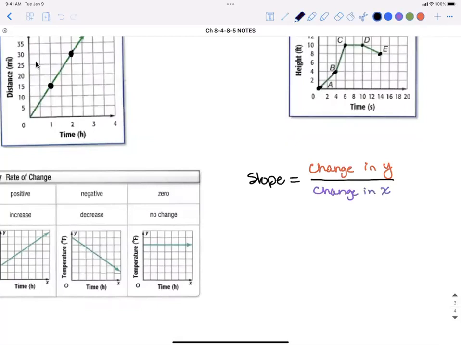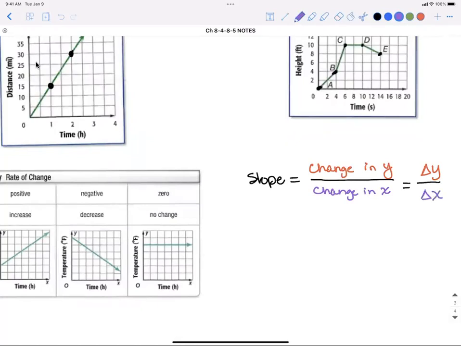And because mathematicians hate to write, of course, there is an abbreviation for this, and that is the change in y. That triangle is mathematics' way of writing change in. So the change in y over the change in x.